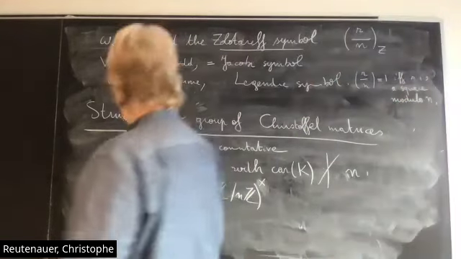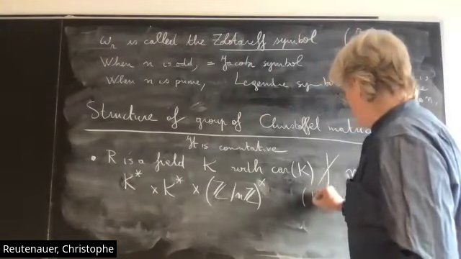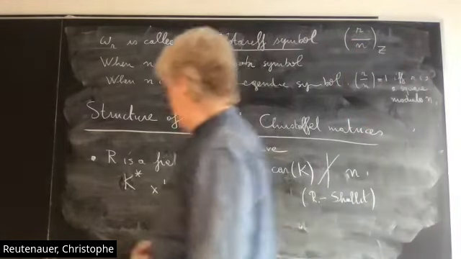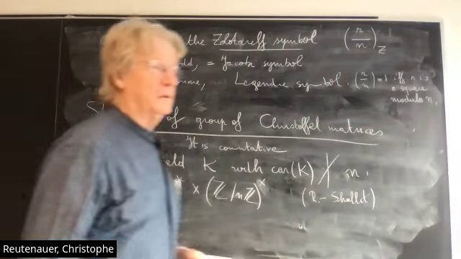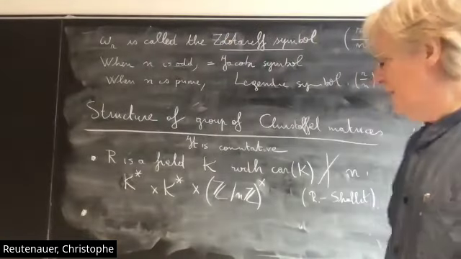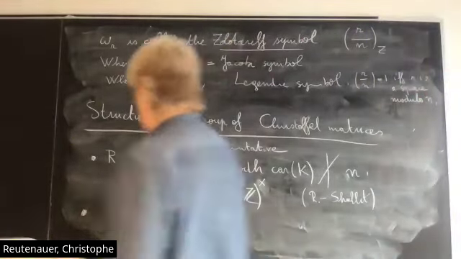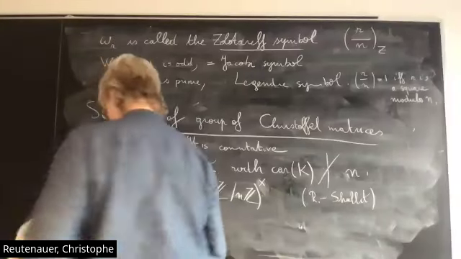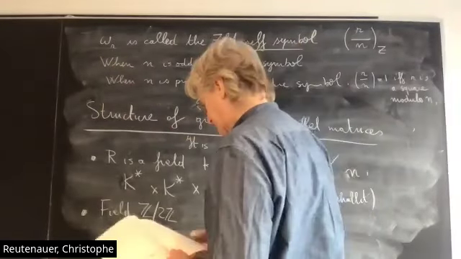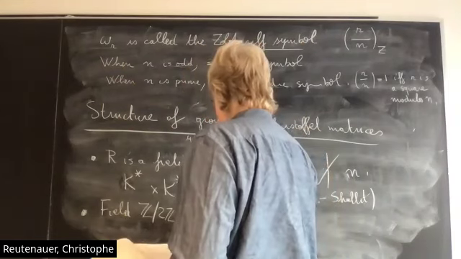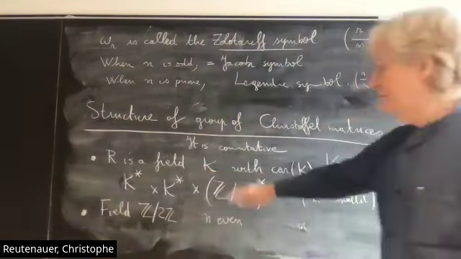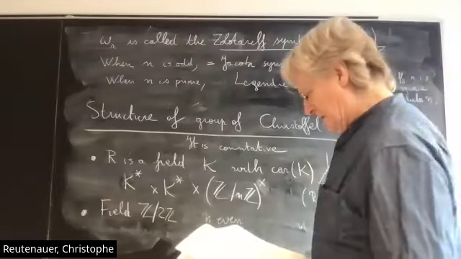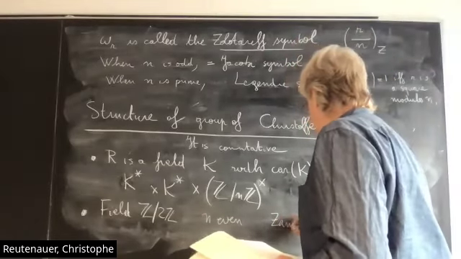And this we have established with Jeffrey. And the completely opposite case is when the field is Z over 2Z and n even, because the odd case is contained above. In the even case, Zamboni has given the structure.